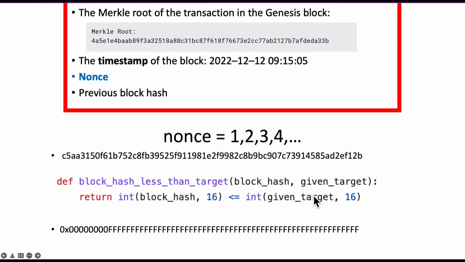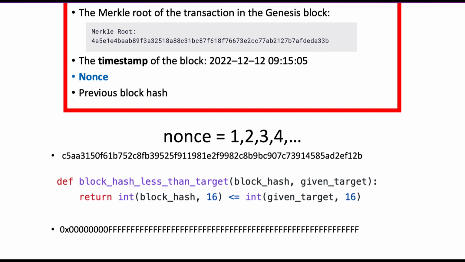We talked about the SHA-256 property before: we cannot predict changes in the output from a change to the input, so the output is totally random.